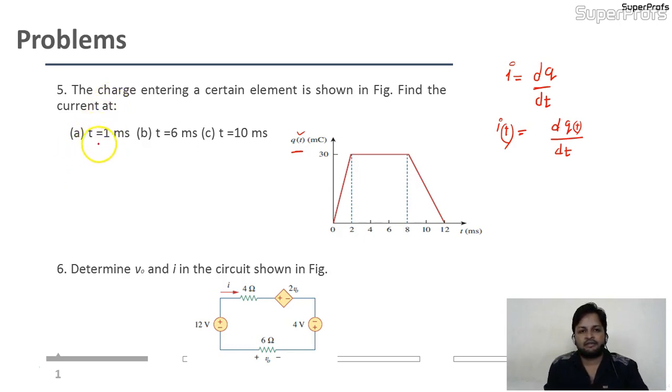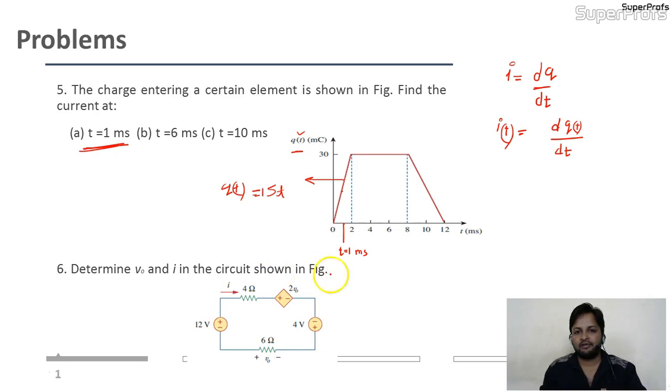Now see, first they are asking to find out the current at t equal to 1 millisecond. This is t equal to 1 millisecond. Here we have to find out the value of current. So we should know first what is the equation of the charge between 0 to 2. If you find out the equation for charge in this region 0 to 2, what is the slope? 30 to 15t. It will be 15t.